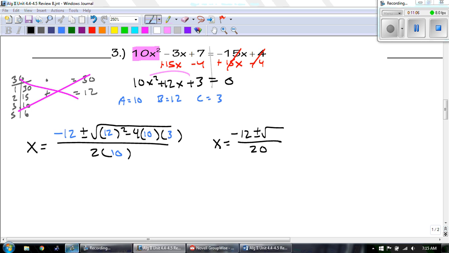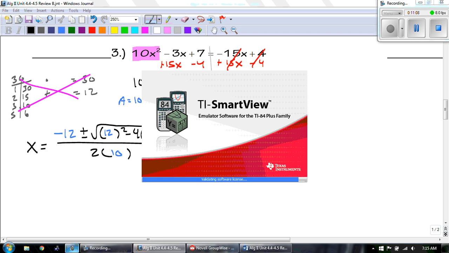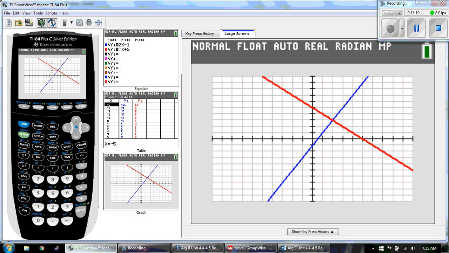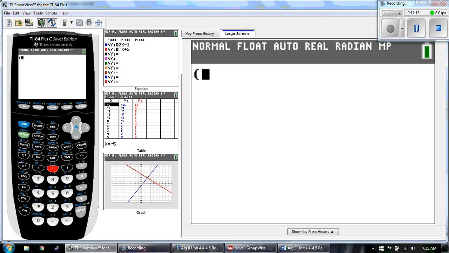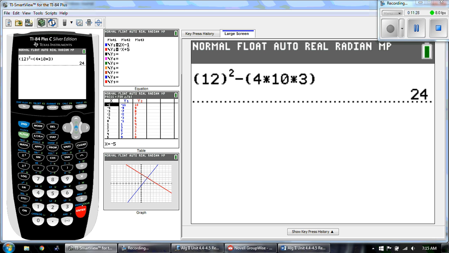Let's go ahead and take out our calculators. All I'm doing is writing what's underneath the square root. That's 12 squared minus 4 times 10 times 3, and we get 24.